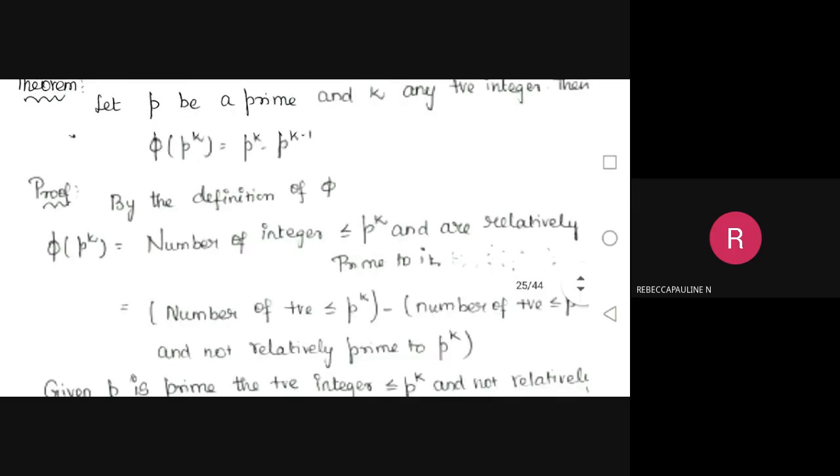First, collect the number of positive integers less than or equal to p power k. From them, subtract the number of positive integers less than or equal to p power k which are not relatively prime to p power k.